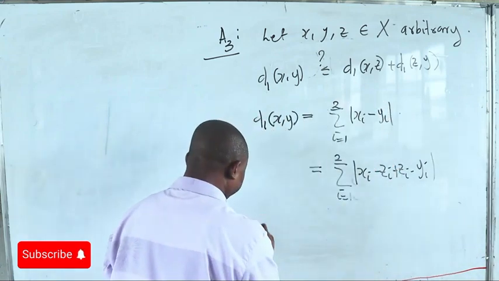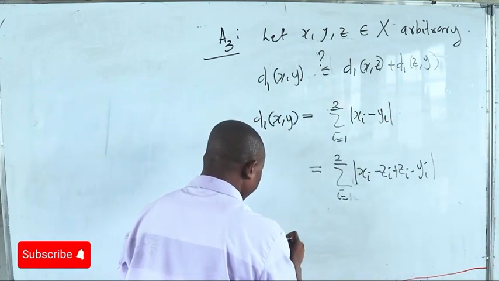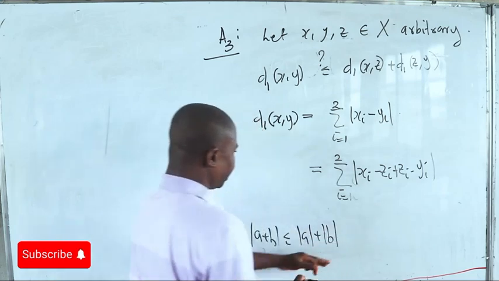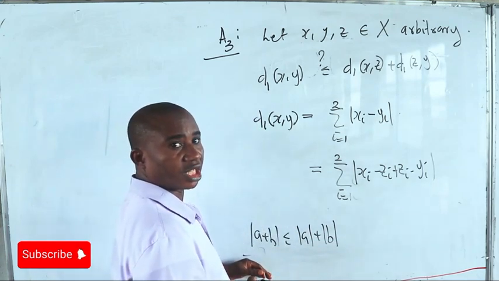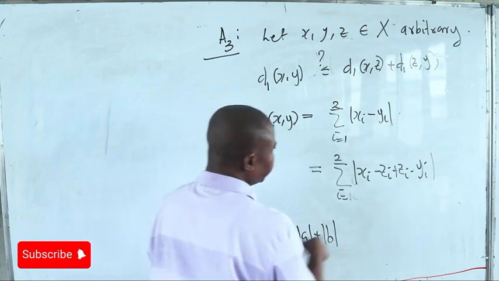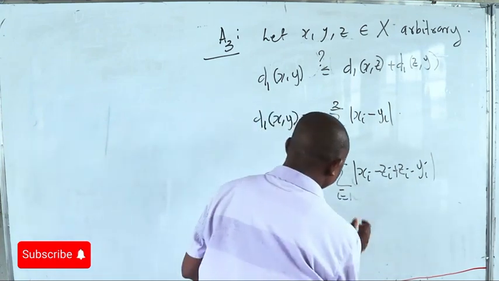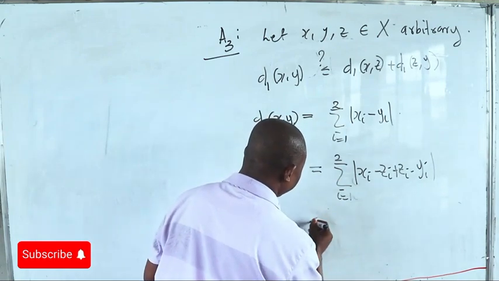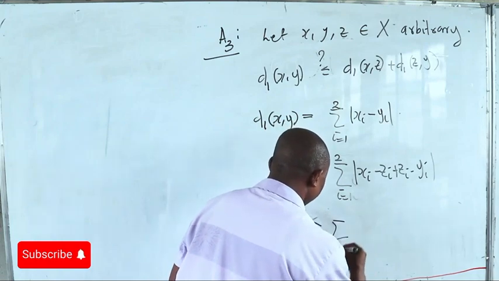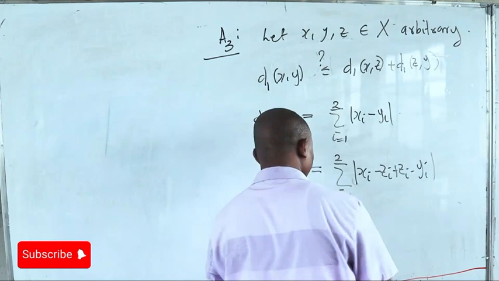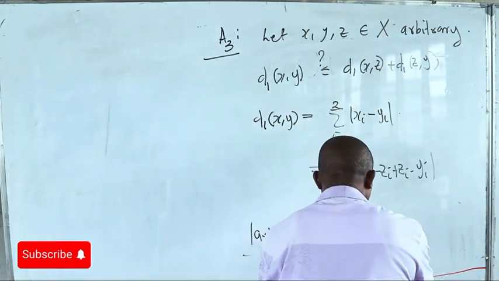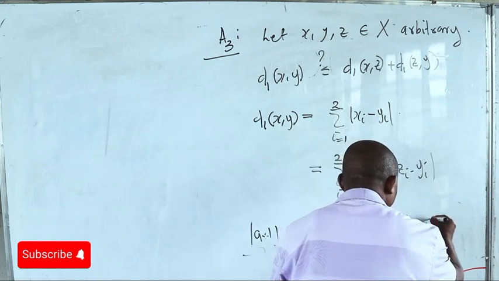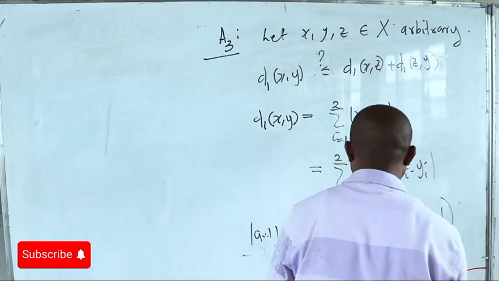recalling that the absolute value of a plus b is less than or equal to the absolute value of a plus the absolute value of b, that's the triangle inequality for the absolute value function, if we use this here, we're going to have that this is less than or equal to summation i from 1 to 2 of absolute value of xi minus zi plus absolute value of zi minus yi.